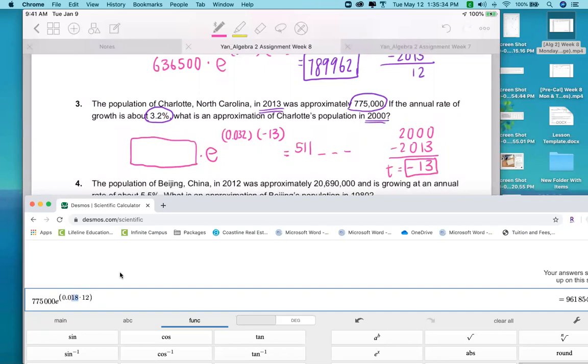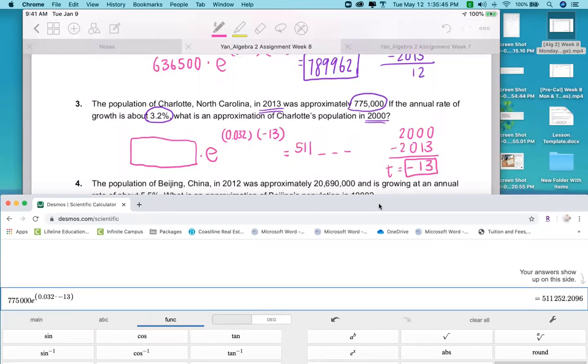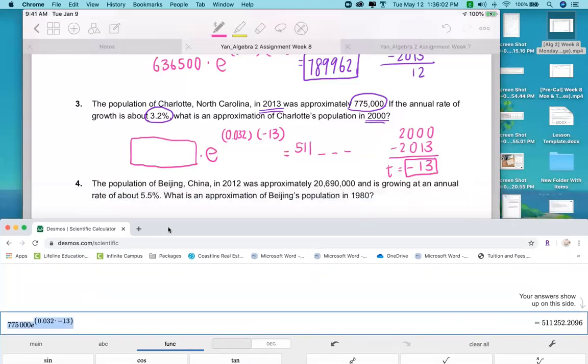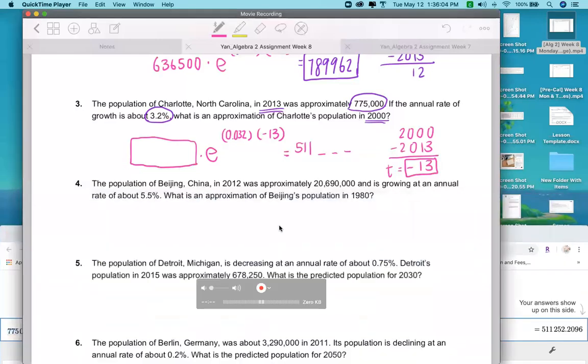Okay, and this is 0.032, and this is a negative 13. Okay, so this is your answer. Some of you who told me the answer with the 4, try to type exactly what I did and see if you got the same answer. Okay, I'll leave that down there.